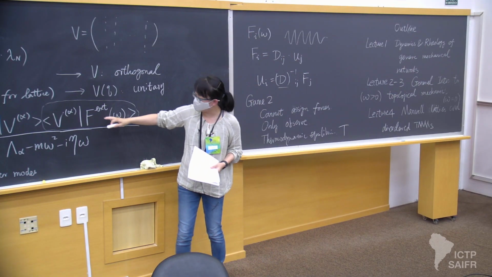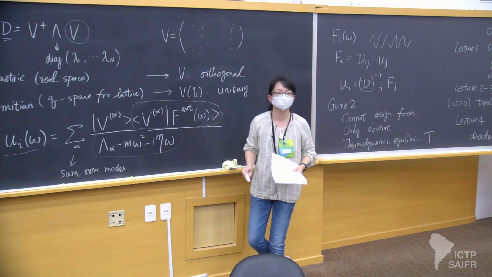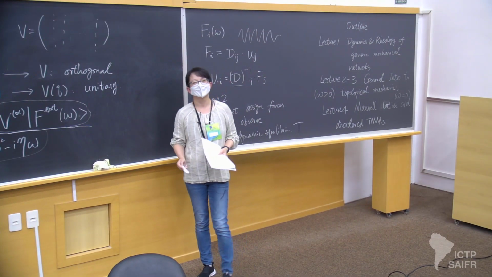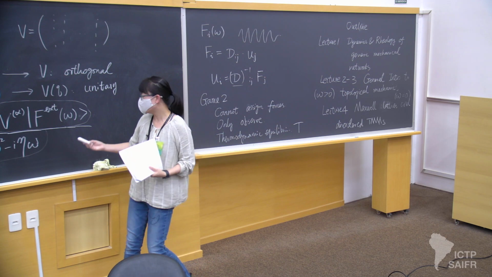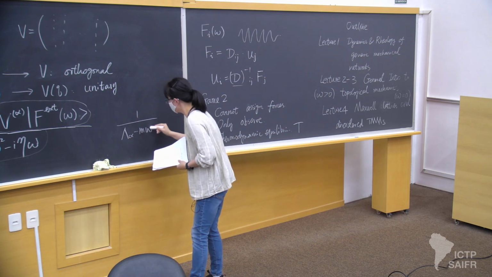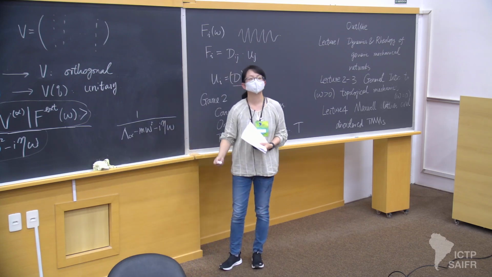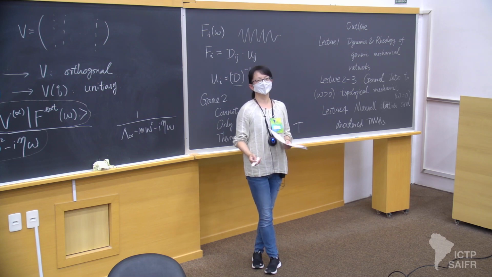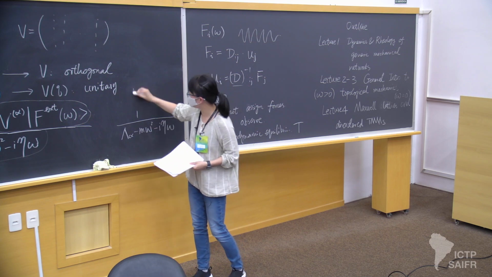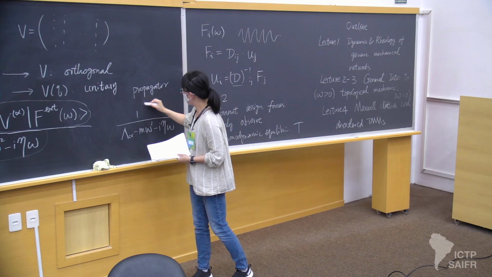I project this F into each mode. And what is this denominator, or say, what is 1 over this? There are different ways to call it. Sometimes it's called a propagator of mode alpha.